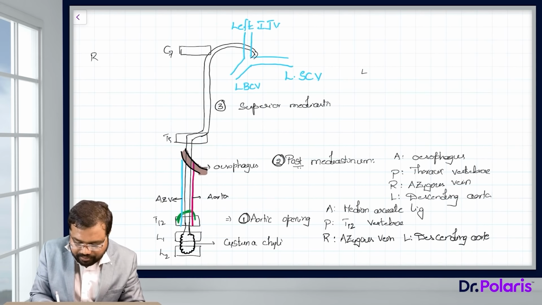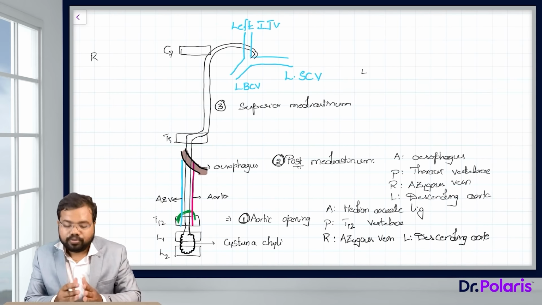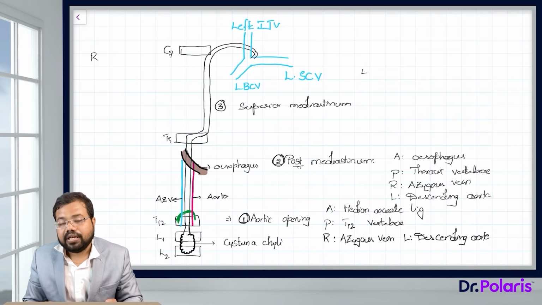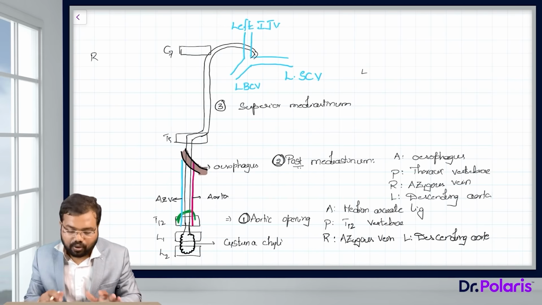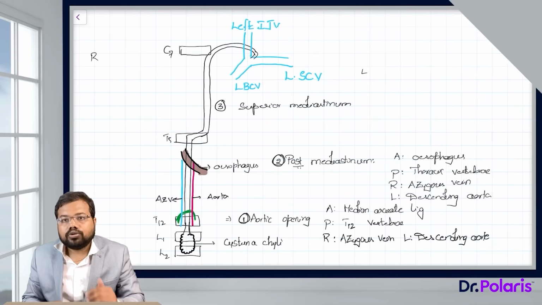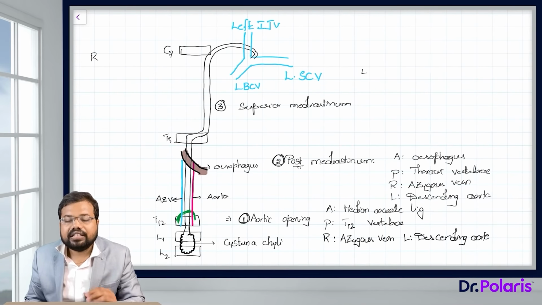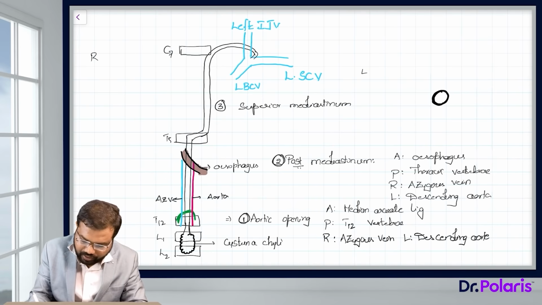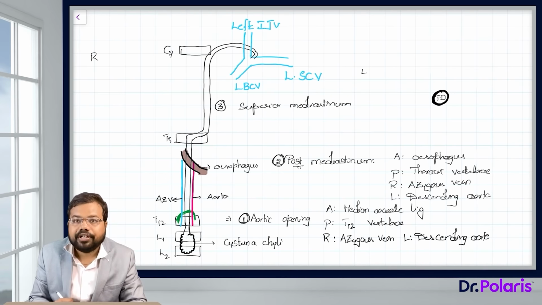Now, in this superior mediastinum, it is difficult to show all the relations. So I am doing a transverse section of this superior mediastinum. Whatever you were seeing was the anteroposterior view. Now I am doing the transverse section. So we will see how the transverse section of the thoracic duct at the level of the superior mediastinum will appear. Let's imagine this is the thoracic duct, TD.